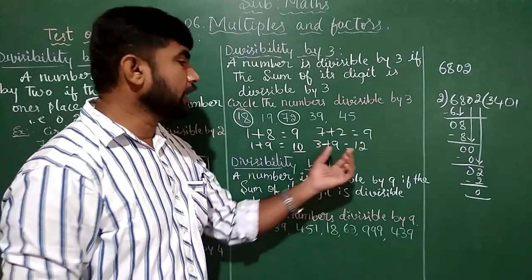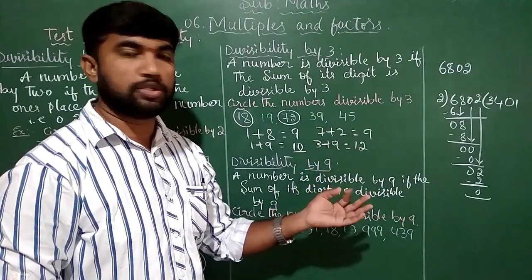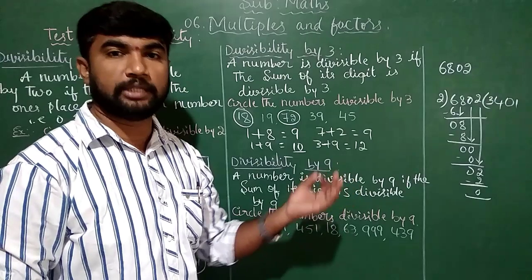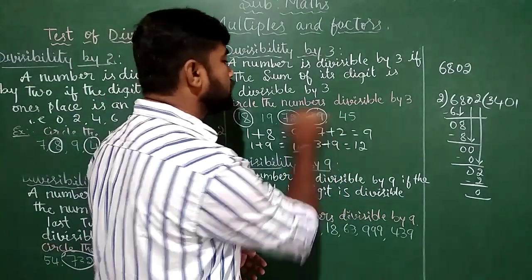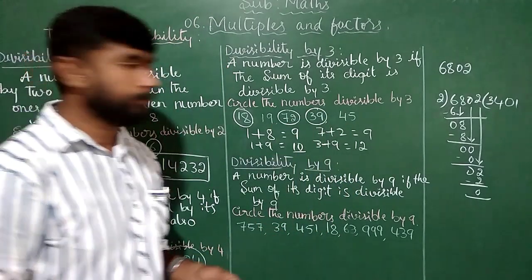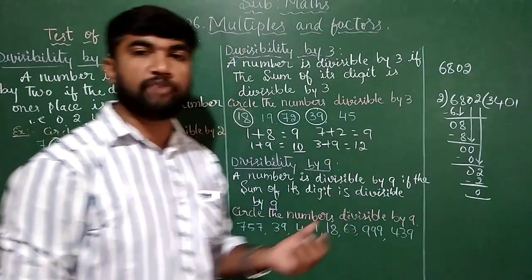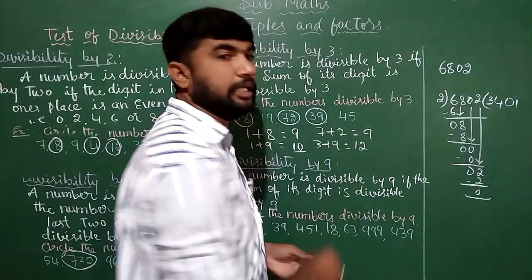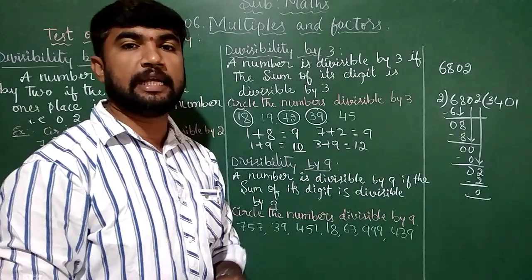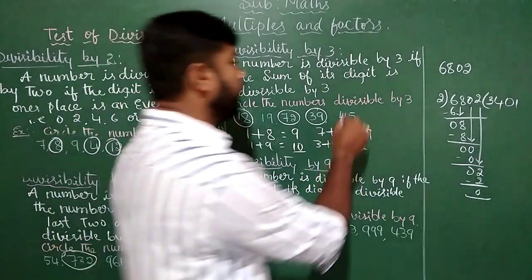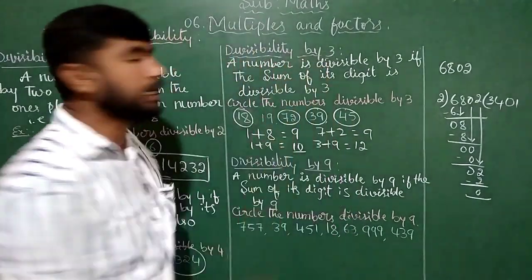Yes, 3 fours are 12. So 39 is also divisible by 3. Next, 45. 4 plus 5 equal to 9. The 9 is also exactly divisible by 3, so 45 is also divisible by 3.